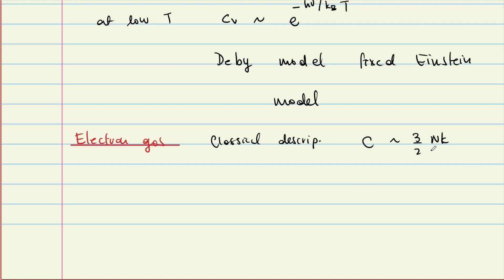For once, electrons are quantum particles and they obey Pauli exclusion. So electrons obey Fermi-Dirac, which is going to be f for any given energy: 1 over e to the E minus E Fermi over k_B T, plus 1.